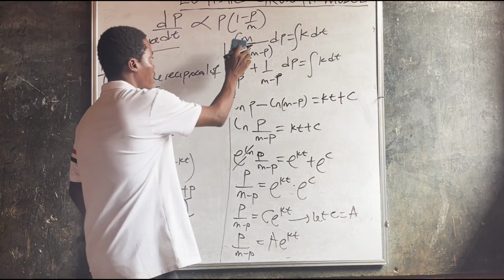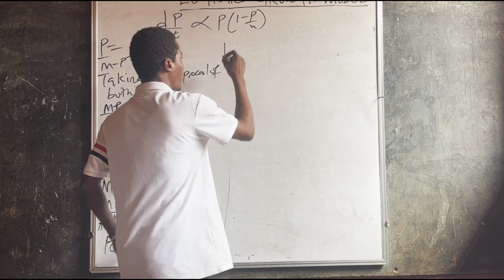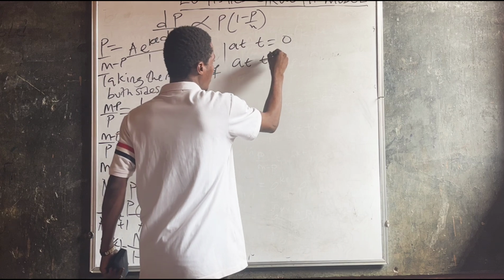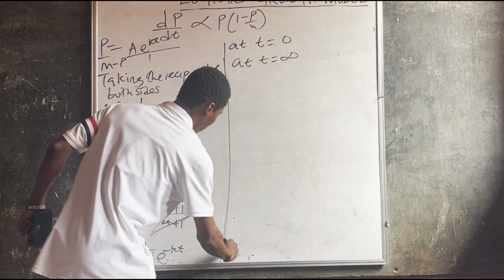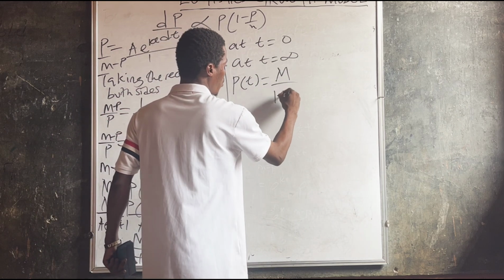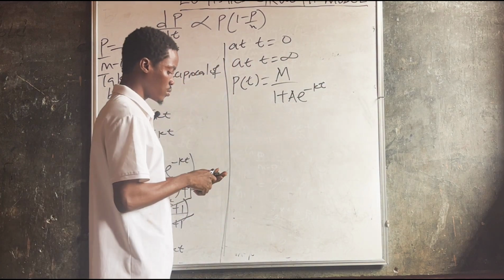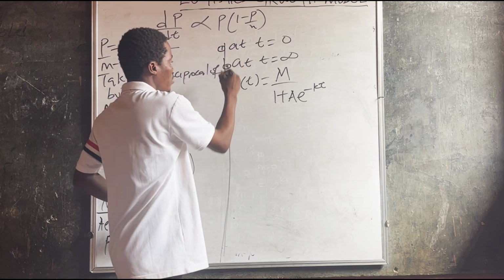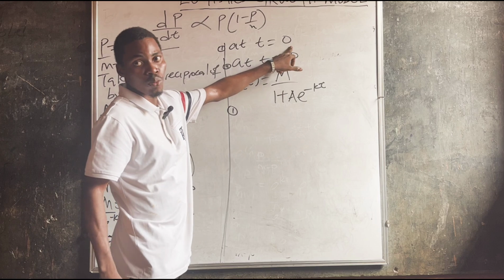Now, if you are given this and asked to find at t equal to 0 and at t approaching infinity, what are you going to get? P of t is m all over 1 plus a exponential minus kt. At t equal to 0, whenever we see t, we put 0.